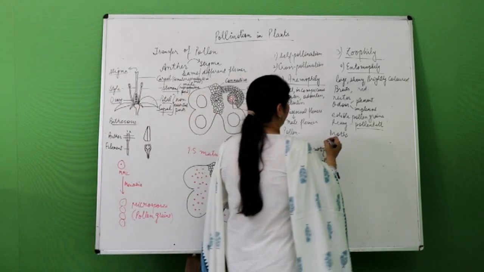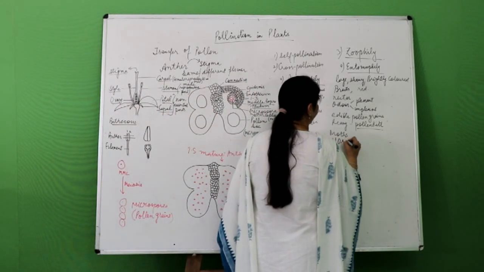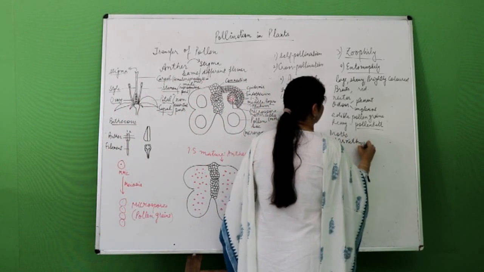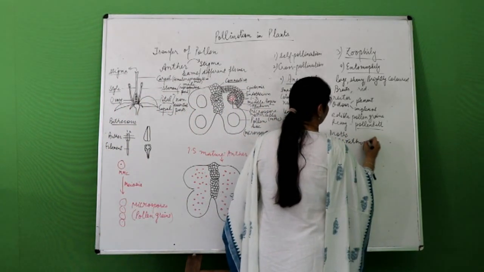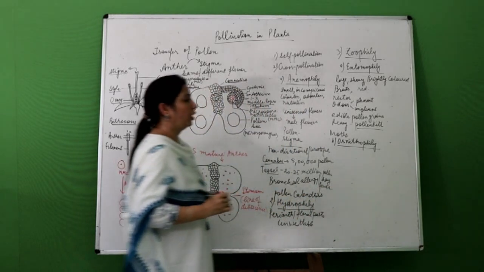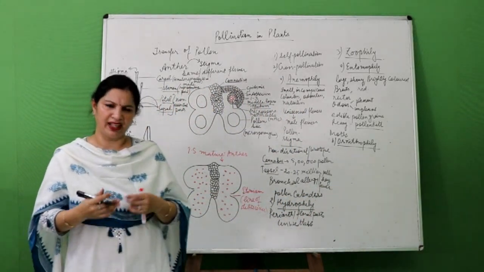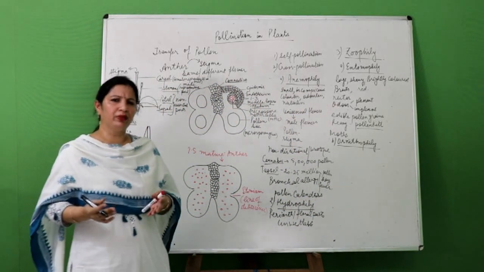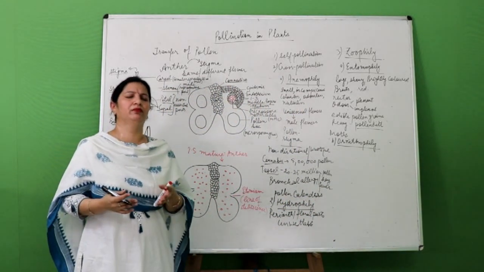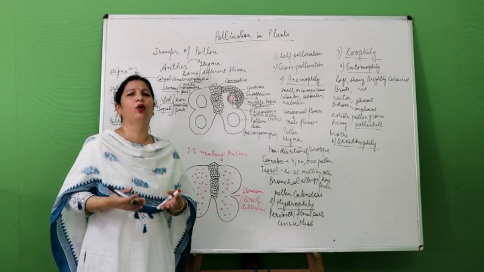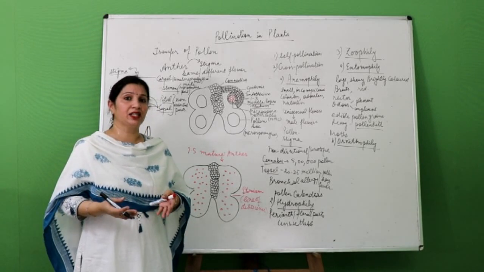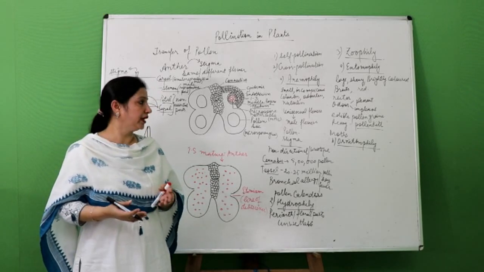Then we have ornithophily. Now ornithophily is the pollination with the help of birds. Many birds like hummingbirds, sunbirds, even the common crow or the parrot act as pollinators in this case, right?